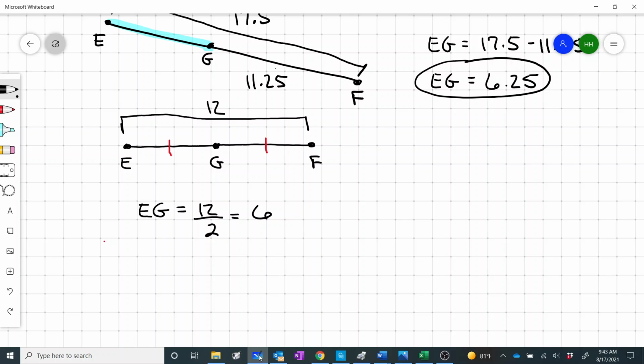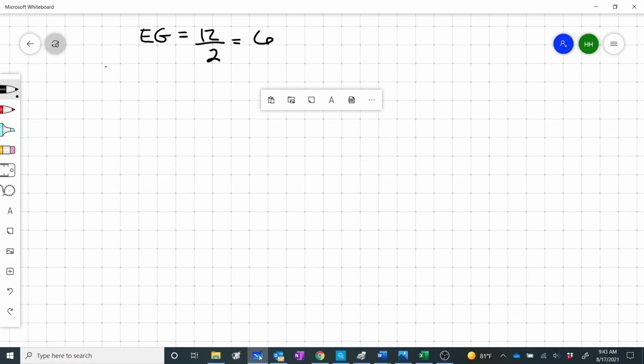Second part of the assignment. Here's what the problems are going to look like. You're going to be given a description.